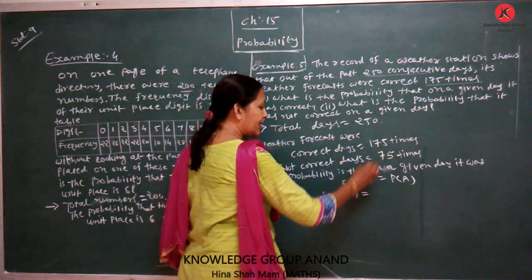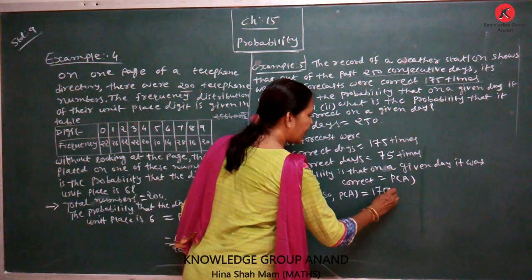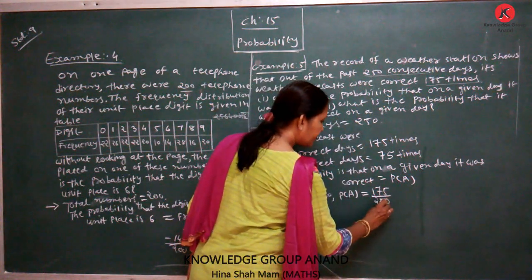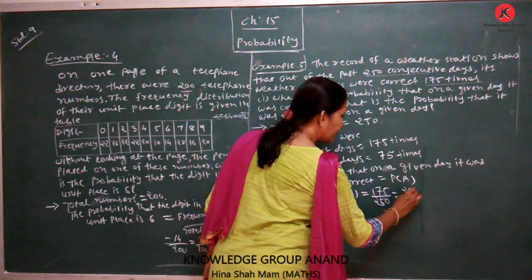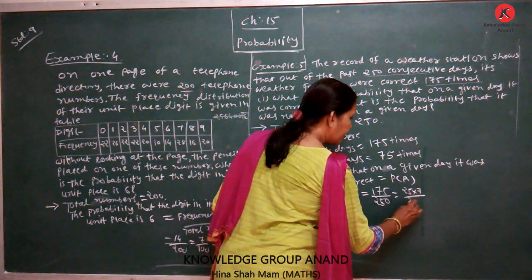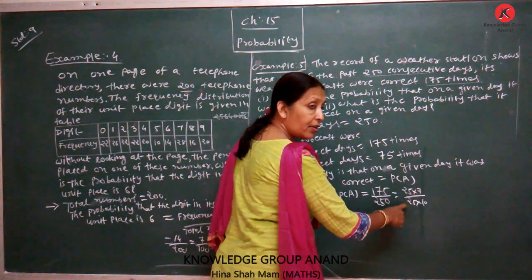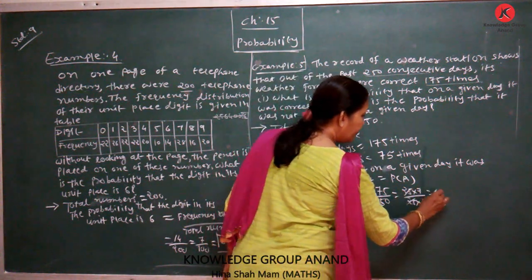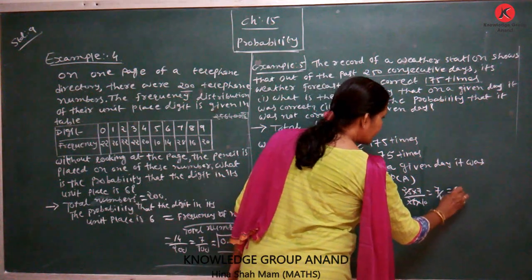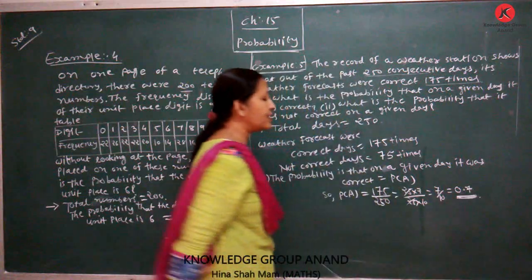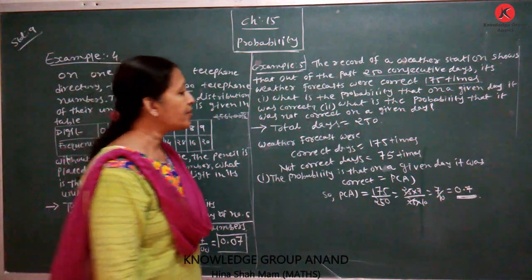Here I write correct days is equals to 175 upon 250. 25 ones are 25, 25 tens are 250. You directly write 7 upon 10, which is equals to 0.7. Answer is 0.7.